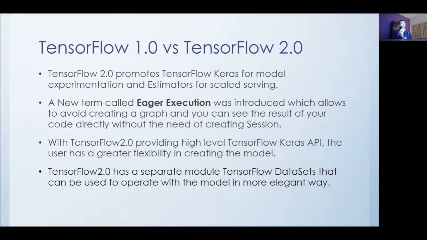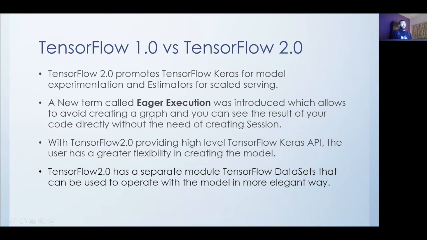Creating a graph takes a lot of time, and it wastes our resources when we do not actually need to create a graph for just adding two numbers. So this new concept called eager execution skips the part where we create a graph and directly performs those operations like you would in a normal programming language like Python.